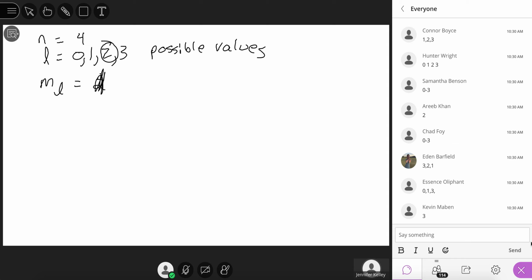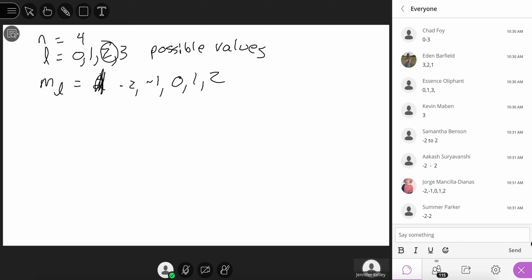ML goes from -L to +L. Those are the values of ML. Now, at this point, it doesn't really matter which value of ML it takes. MS only has two possible values. It could be plus a half or minus a half.